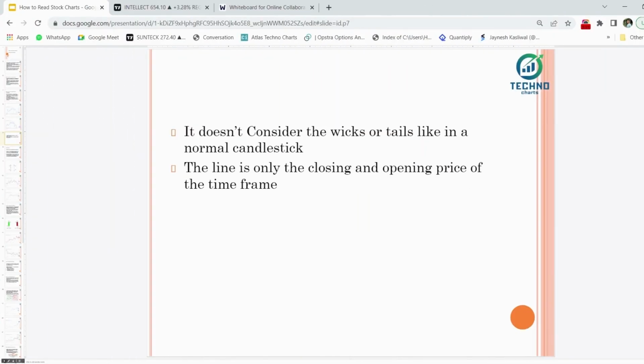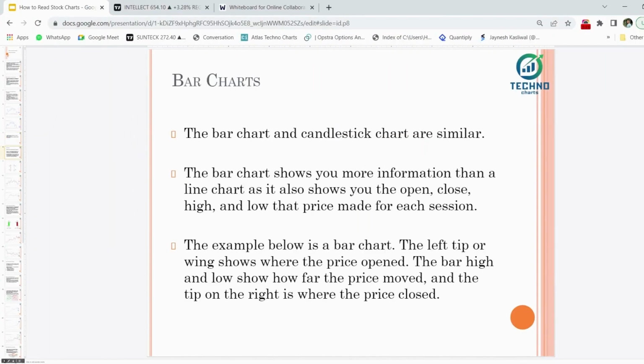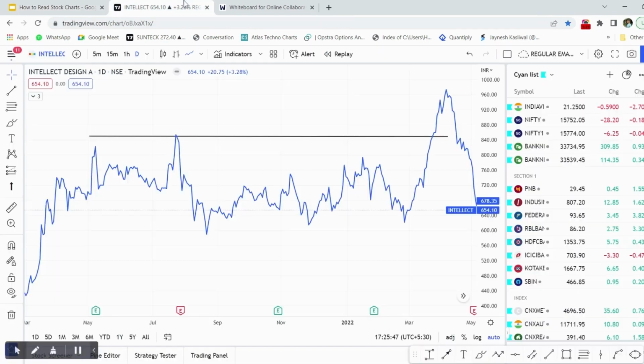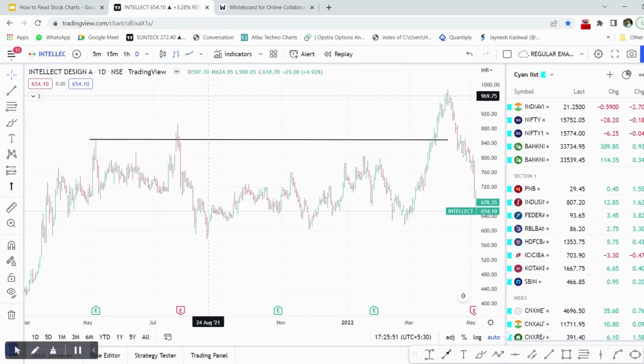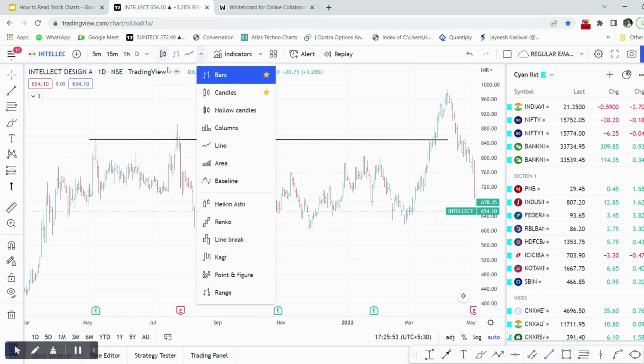The second type of chart that we can see is the bar chart. The bar chart and the candlestick chart are almost similar, where the bar chart shows you more information than the line chart, as it shows you the open and high price with the close and low price also. Beside the indicator section in the bar style, we can see there is a bars option, right?